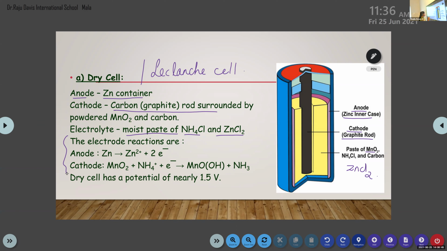In the case of the cathode, MnO2 and ammonium react together and gain 1 electron to form MnO(OH), manganese oxide hydroxide, and ammonia. So this is the reaction that takes place at the cathode: the powdered manganese oxide reacts with ammonium and gains 1 electron to form manganese oxide hydroxide and ammonia.